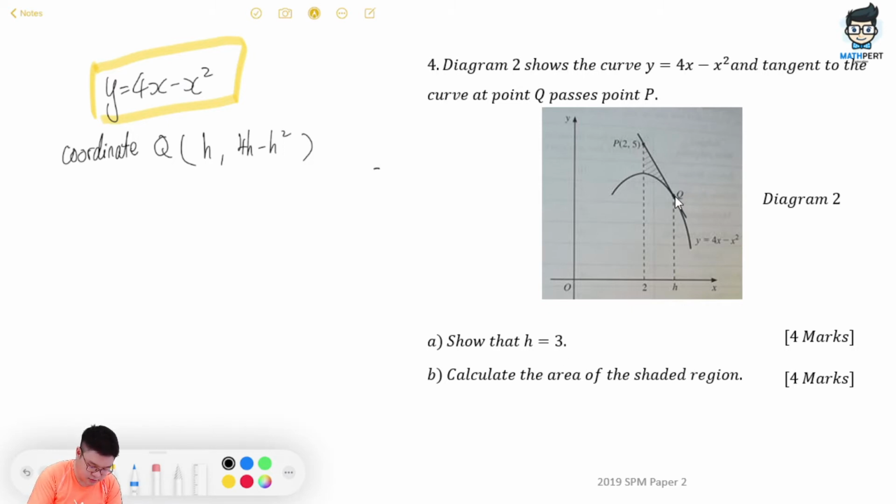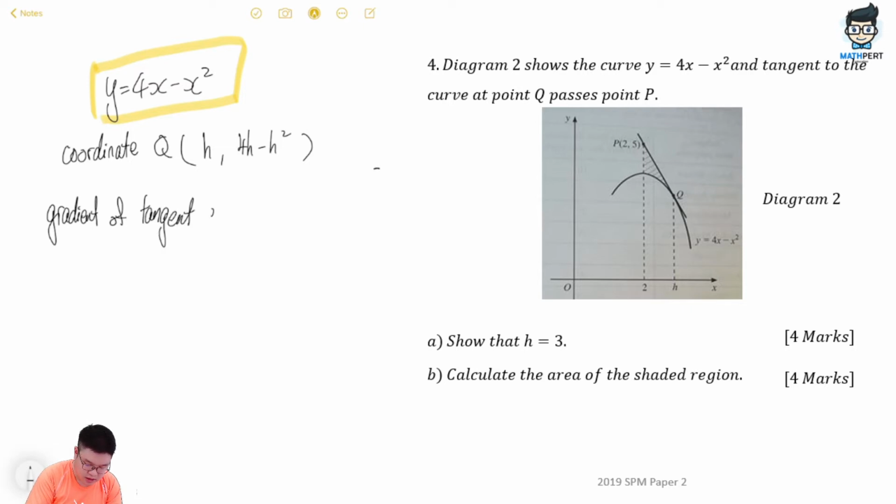The gradient of the tangent at point Q would be dy/dx. We differentiate the equation of the curve and we get 4 minus 2x.